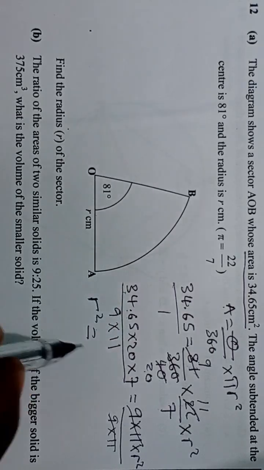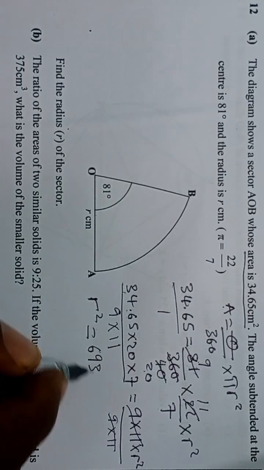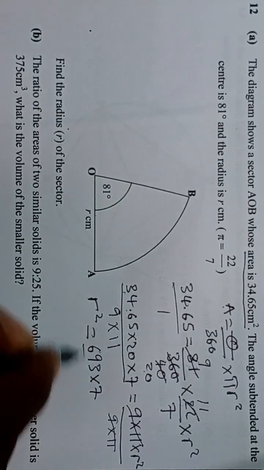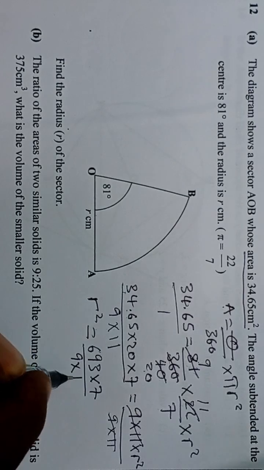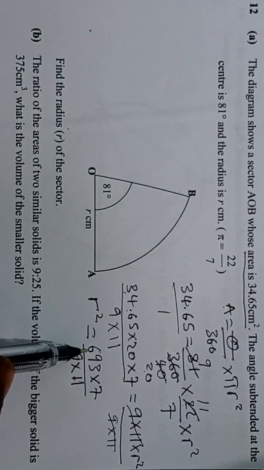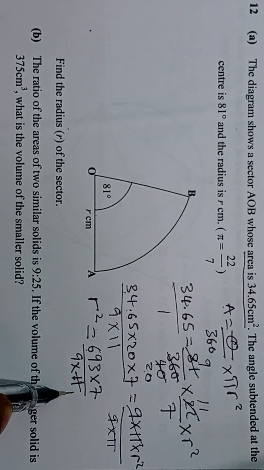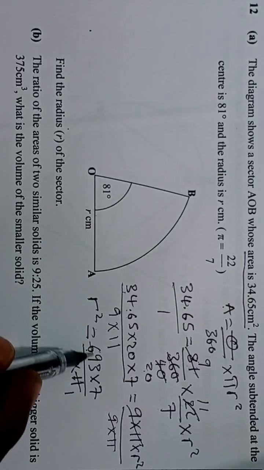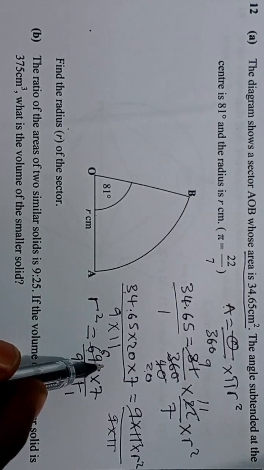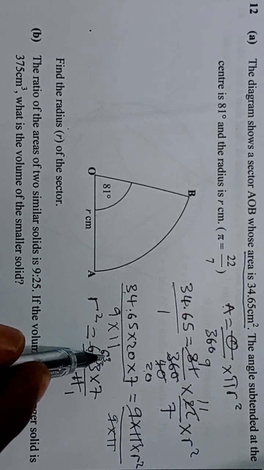In this case, 11 can go into 693 without leaving a remainder. 11 into 11, it is 1. 11 into 69, it is 6, remainder 3. 11 into 33, it is 3.